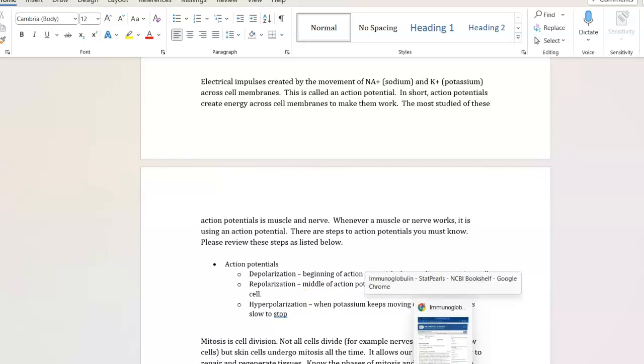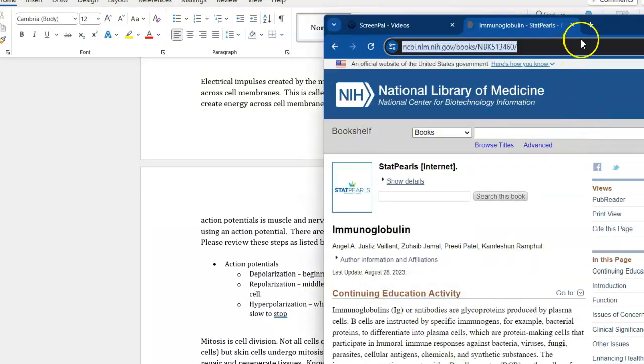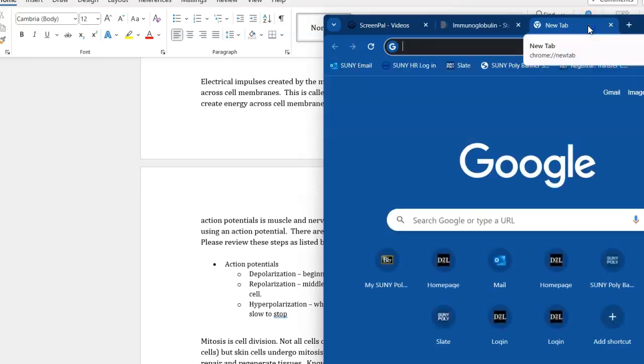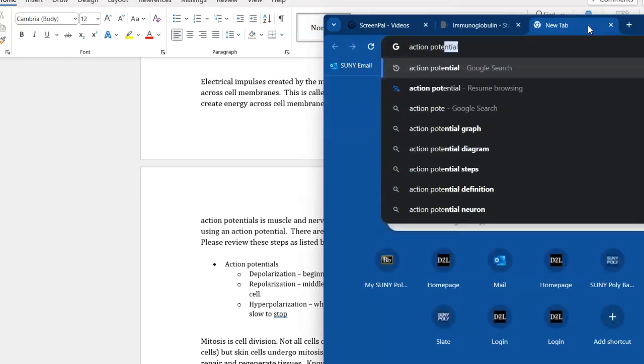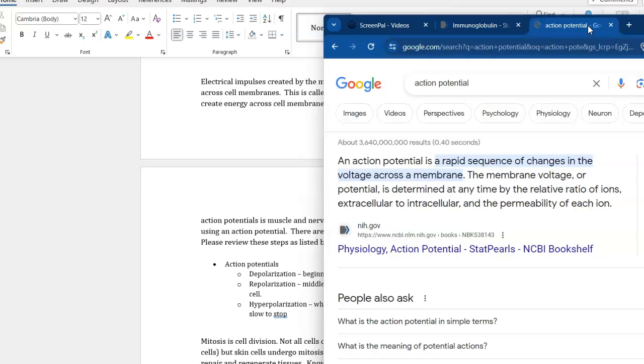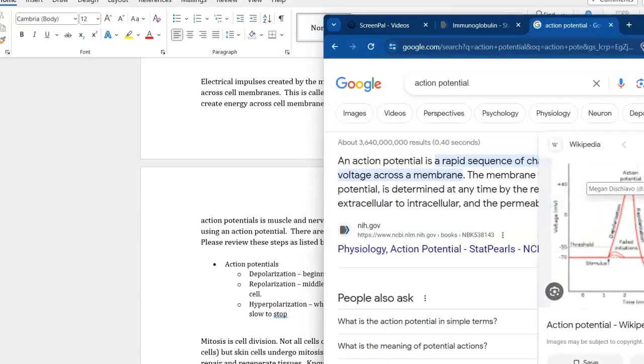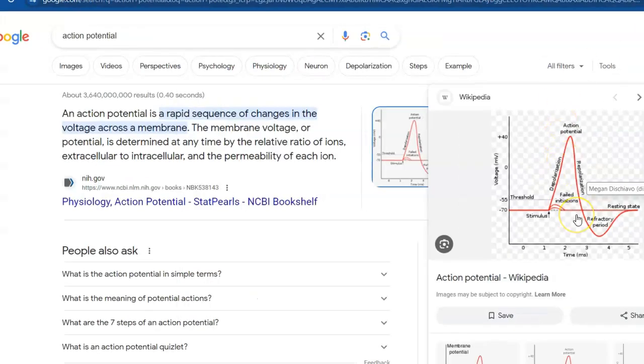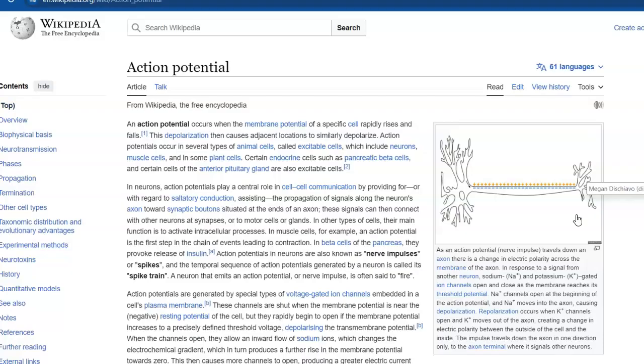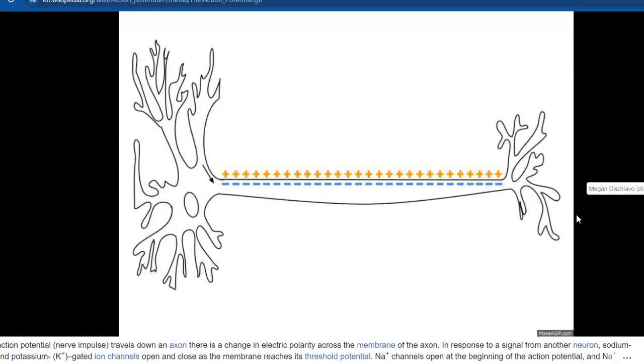Let me actually pull this up. And once again, we don't need to get too crazy into this. Okay. So here, for example, is a nerve.